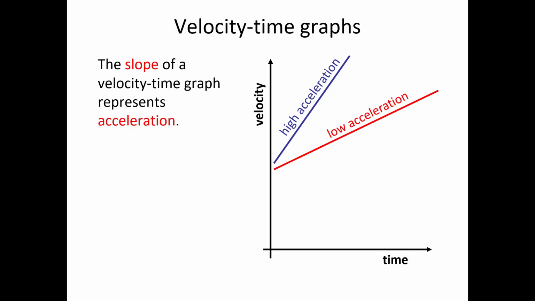So a flat line on a distance time graph meant stationary, okay? Whereas a flat line on a velocity time graph will mean constant speed, okay? And a diagonal line on this one means acceleration, but a diagonal line on a distance time graph means constant speed, okay? And then you obviously get a bit more complicated with curved lines and so on, okay?